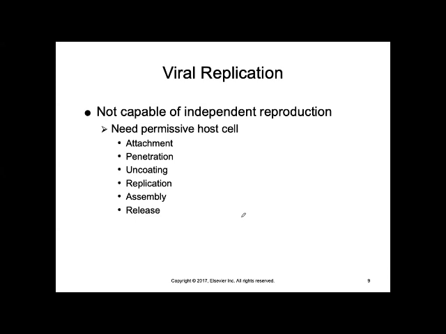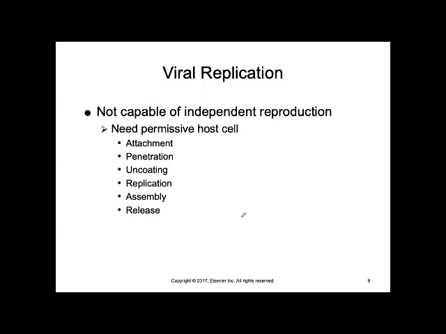Right? The genetic material in a virus can either be RNA or DNA, but never both at the same time. Okay. And the DNA can either be single or double stranded. All right. And the RNA can either be single or double stranded, depending on the virus type. Okay.